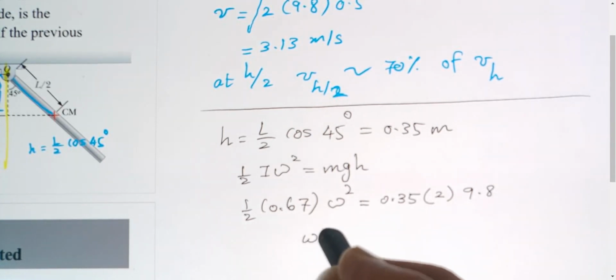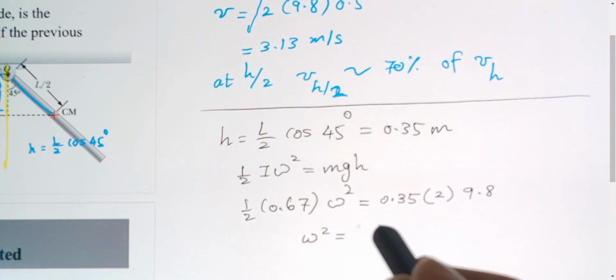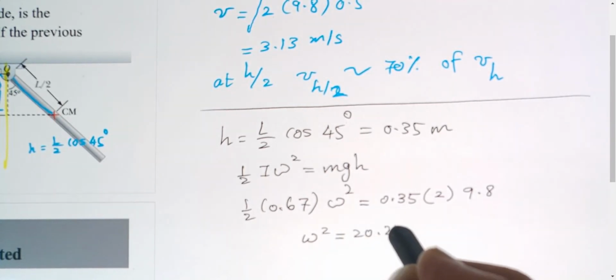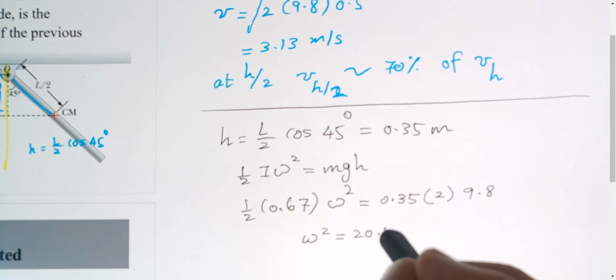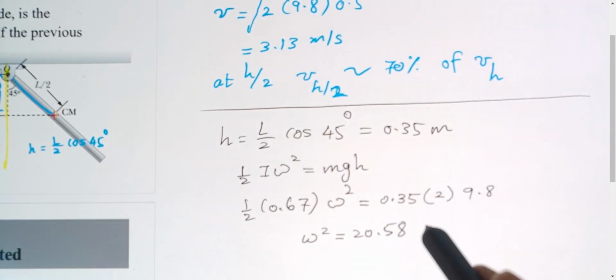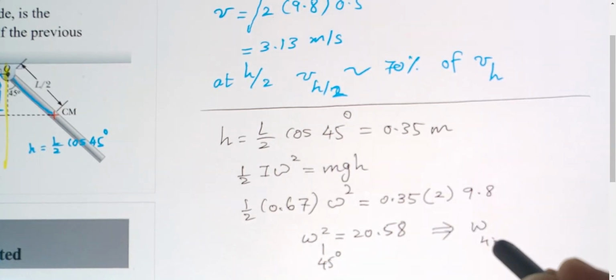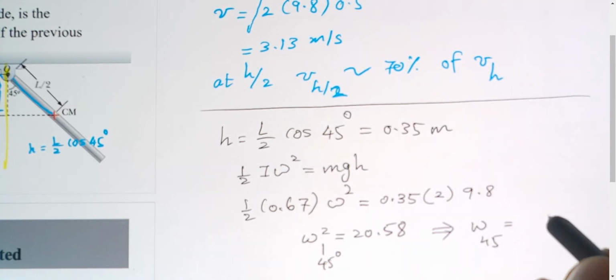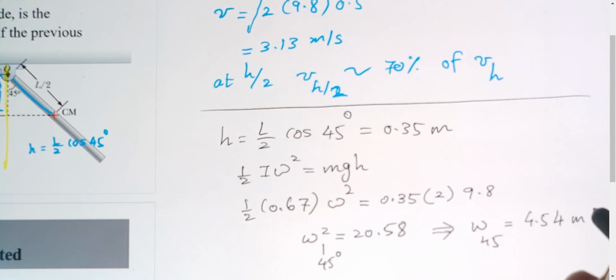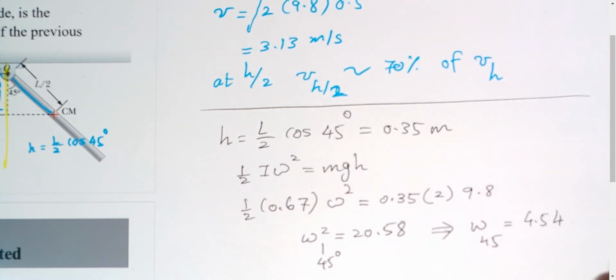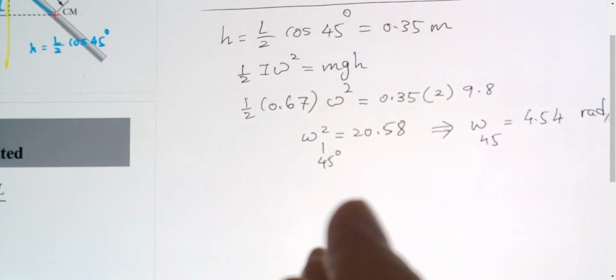So omega square is equal 20.58. That is at 45 degree. So omega at 45 degree will be equal 4.54 radian per second, which is not half.